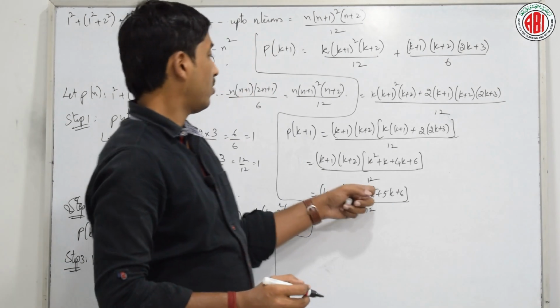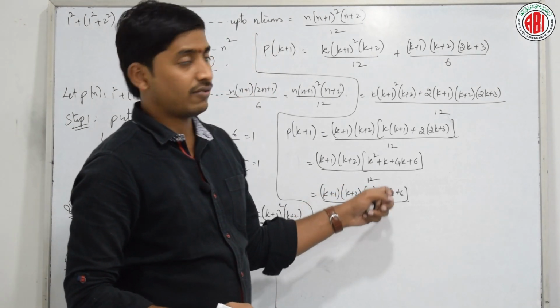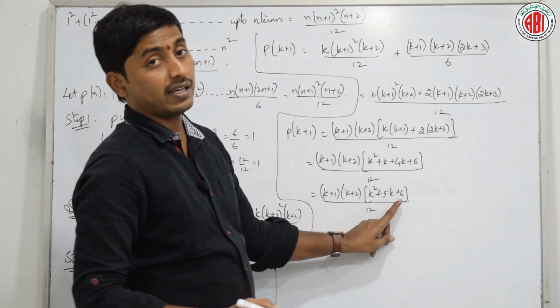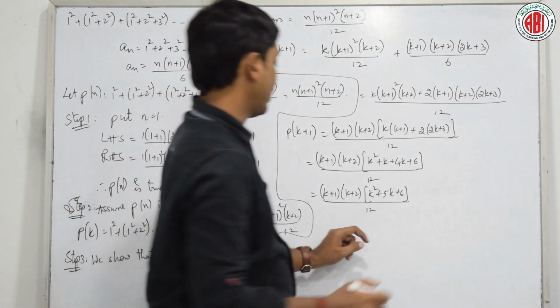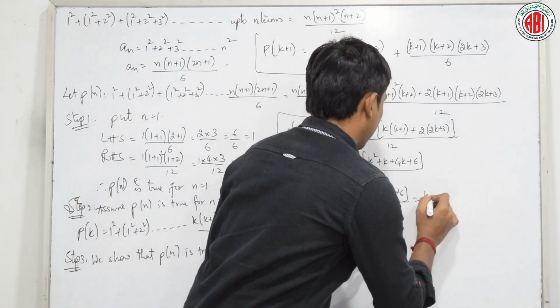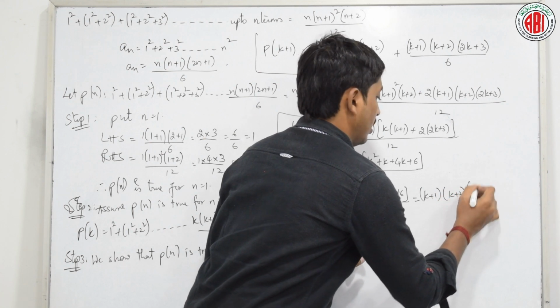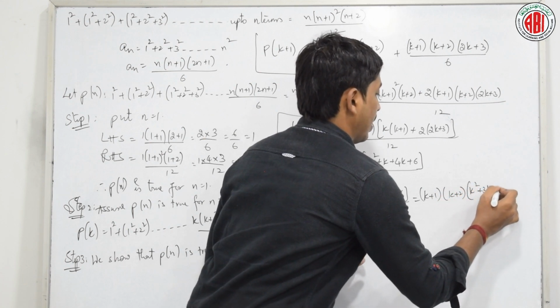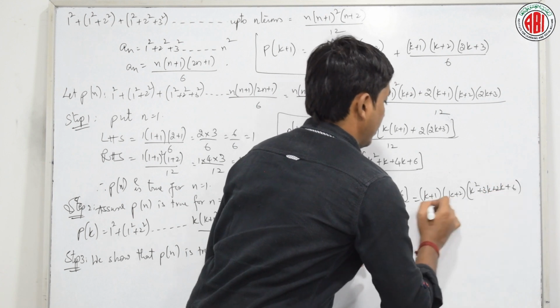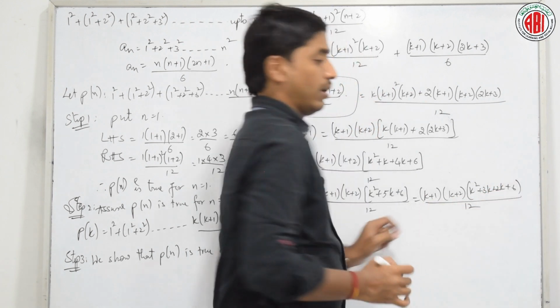Okay, now we have to factorize this k square plus 5k plus 6. What are the factors of 6? 2 3s are right, 2 plus 3 is 5. This can be written as k plus 1 into k plus 2 into k square plus 3k plus 2k plus 6 whole divided by 12.